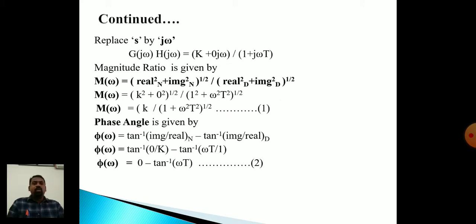Third step, once again find the magnitude ratio and the phase angle or phase shift.